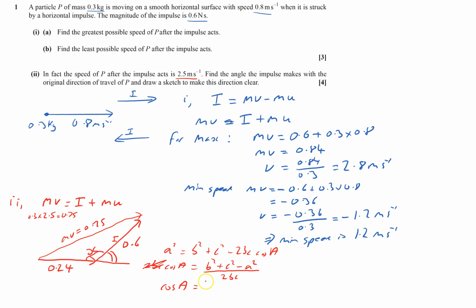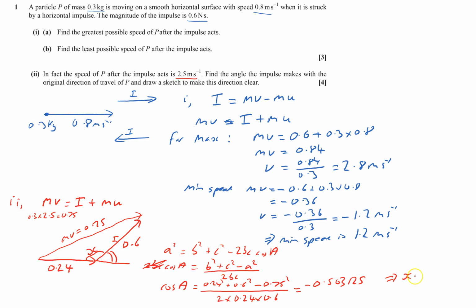Cos a equals b squared, so that's 0.24 squared plus 0.6 squared minus 0.75 squared, all over 2 times b, 0.24, times c, 0.6, and that equals minus 0.503125.